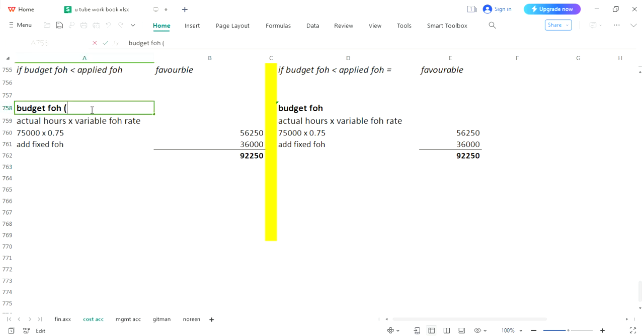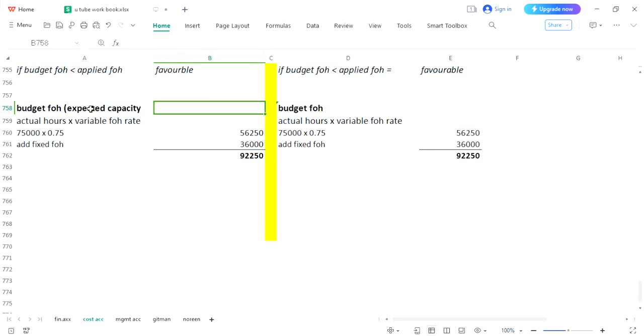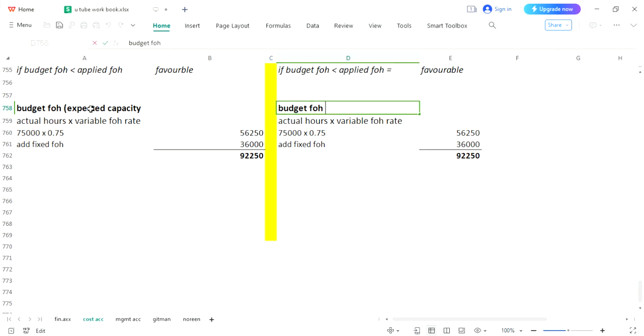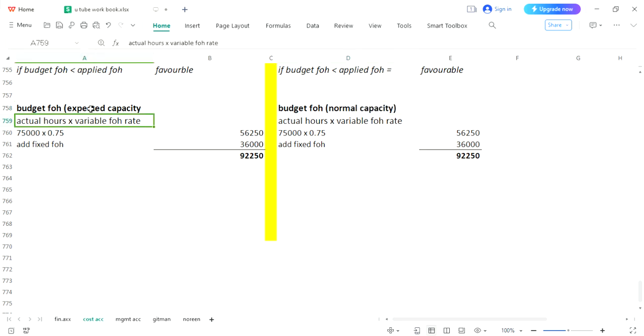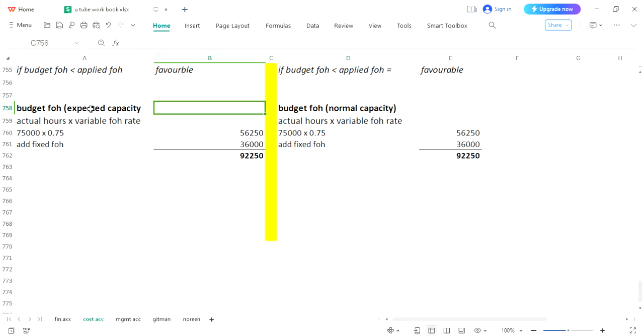Since we have written it above, but let's mention it, expected capacity was used over here, and that budget FH was calculated according to normal capacity. This was the difference. It's so interesting to calculate such questions to get your brain exercised.